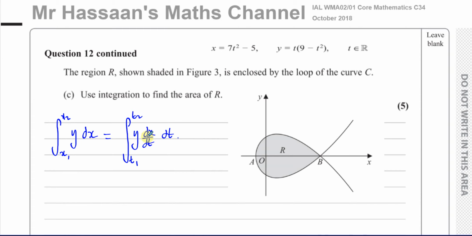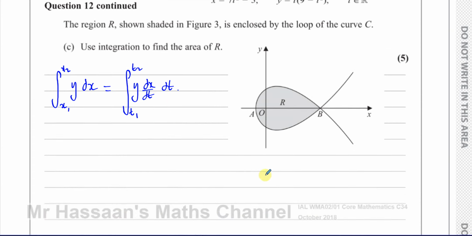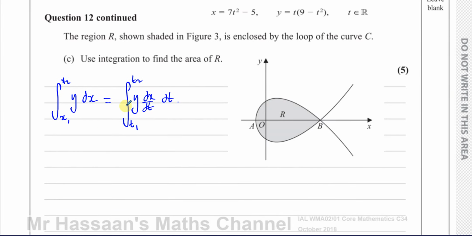So all of this has to be expressed in terms of t, and then I can find my integral. So let's first do that. I need to have the integral, and I'm going to keep the limits as t1 and t2 for now. I'm going to have y, which is, as we can see, t times 9 minus t squared.